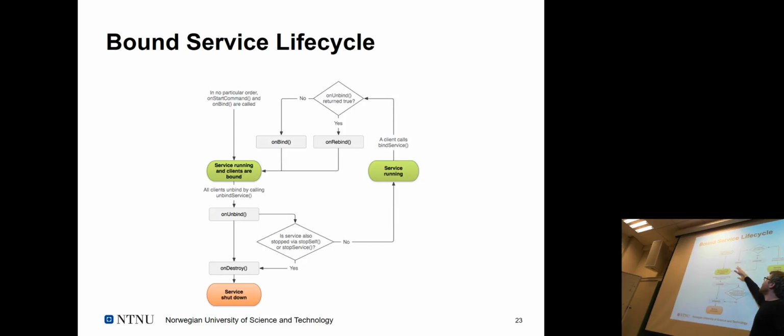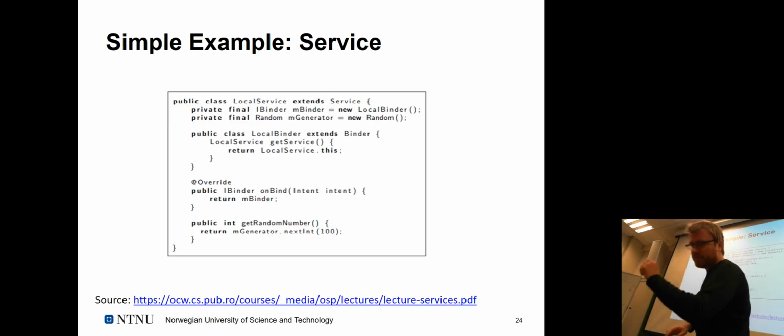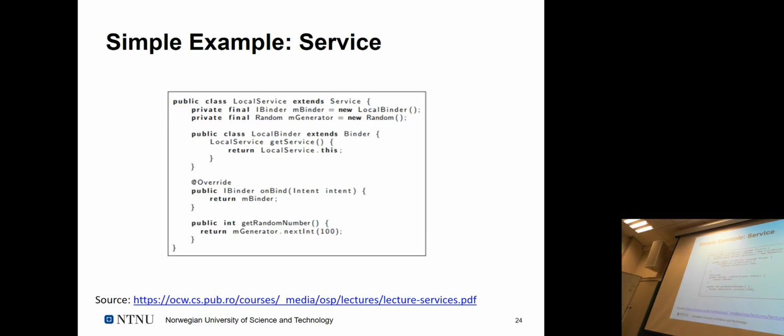So as long as the service is running and clients are connected, it will continue to run, right? That's the key idea of that service. Okay, so just an example, sometimes code says more than words. So here we have the service. The service extends the usual service class, not interface.